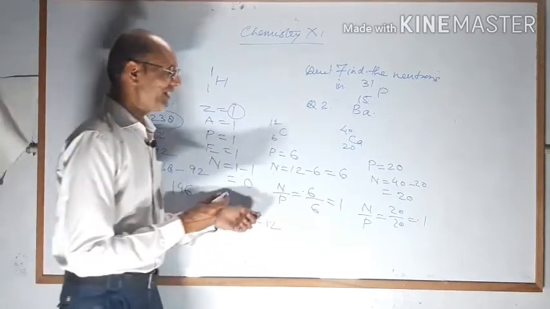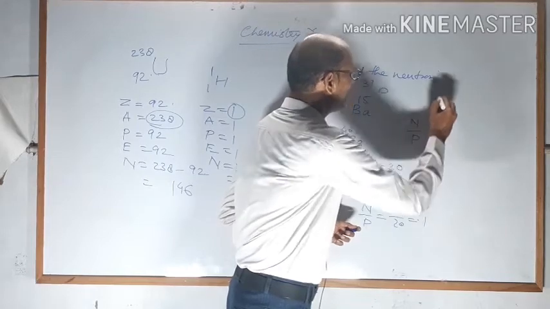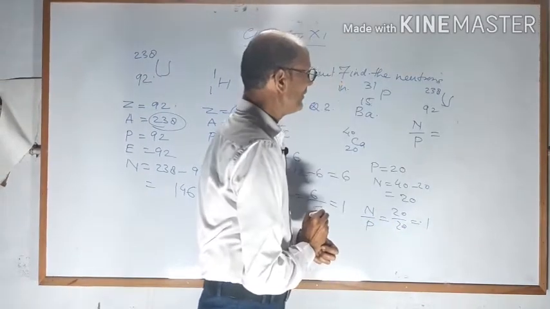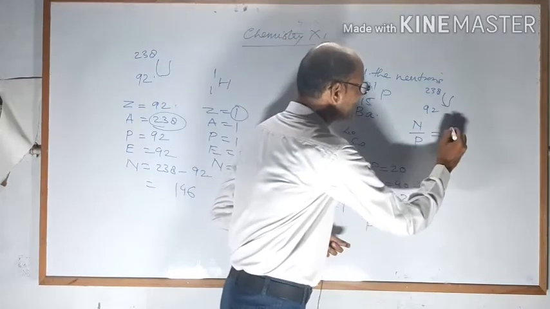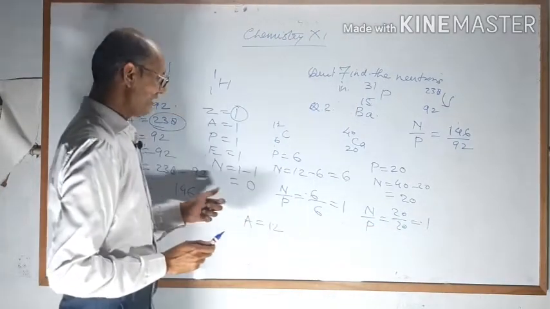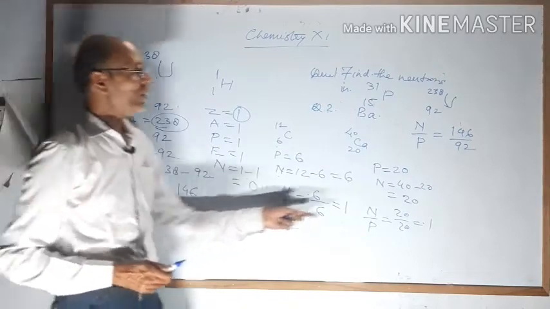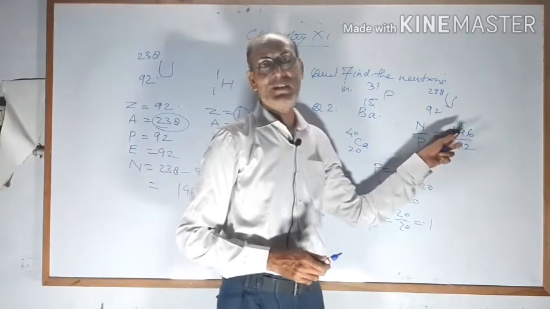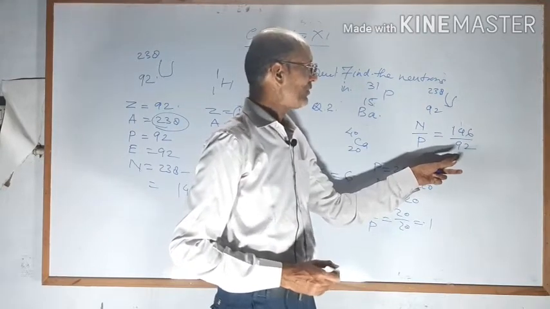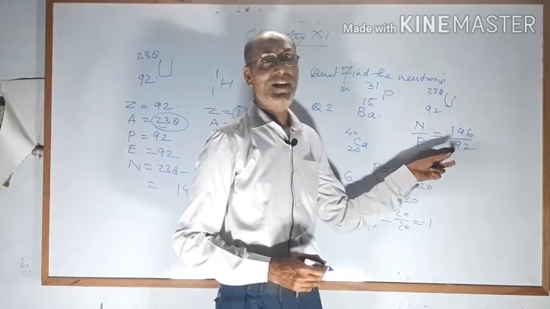If you find the ratio N upon P for uranium 92U238, that is 146 upon 92, because you are seeing the number of neutrons in uranium is 146. On dividing you will not get the value 1, you will get more than 1.